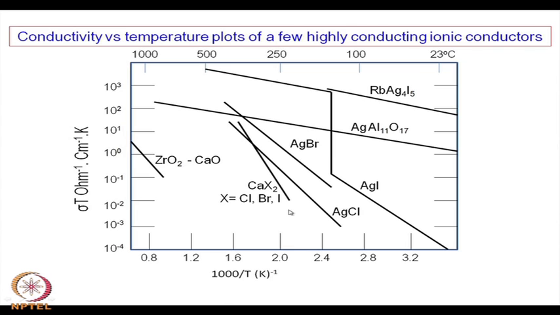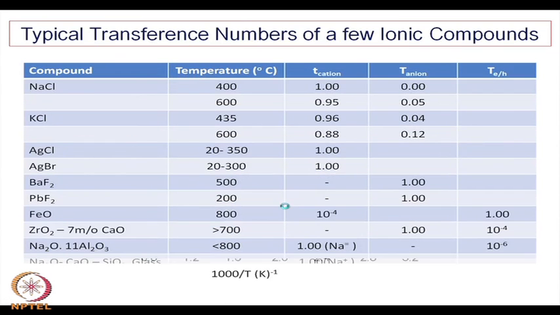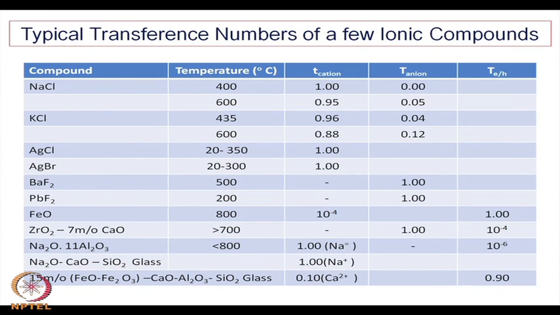Now, when you are talking about ionic conductivity, one more important parameter we have to always consider, and that we have talked about earlier, that is what is called the transference number.